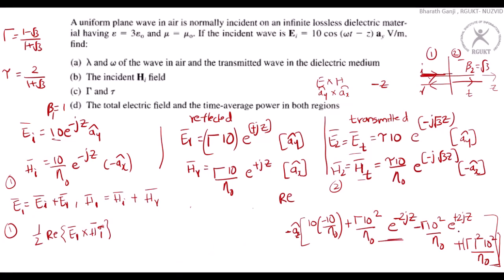If I have e power minus j and e power plus j terms, these become complex imaginary numbers. Of course, you might say it might not be imaginary because of e power minus 2jz, okay, fine, maybe we'll do it like this.